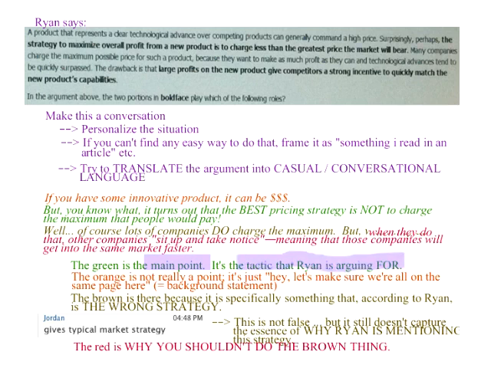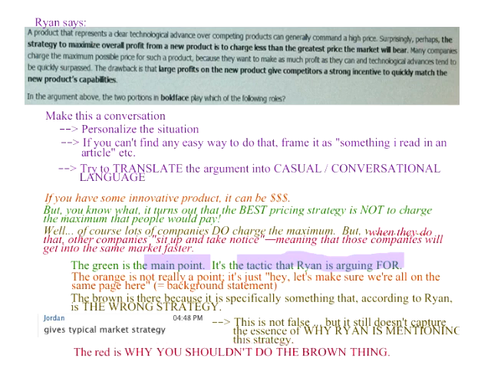It's the tactic that Ryan is arguing in favor of. And then the red thing is why you shouldn't do the brown thing, where the brown thing is something that's not the green thing. Okay.